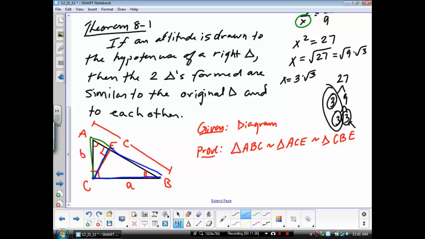So each of the smaller triangles shares an angle with the original triangle, and all of them have a right angle.